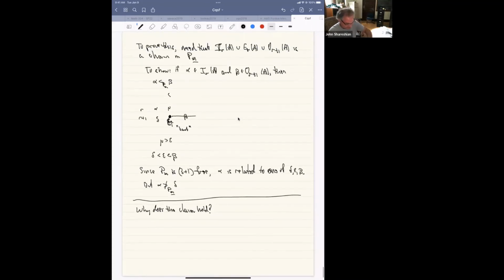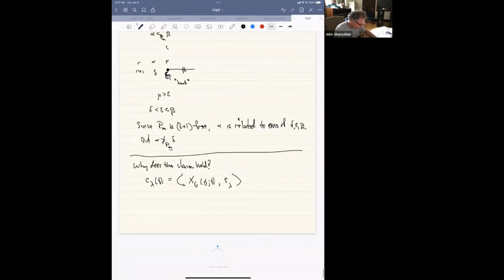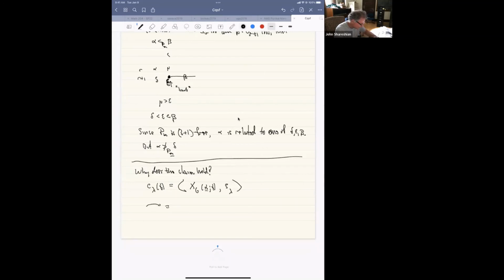Basically, I'm interested in the coefficient of S lambda, and because the S's form an orthonormal basis with respect to the usual inner product, I'm just asking for the inner product of the chromatic symmetric function with S lambda. And now we're just going to apply the Jacobi-Trudi identity, which we discussed in the last lecture. This tells us how to write the S's in terms of the H's as a determinant of a certain matrix full of H's. And so we're just going to expand the determinant the usual way.